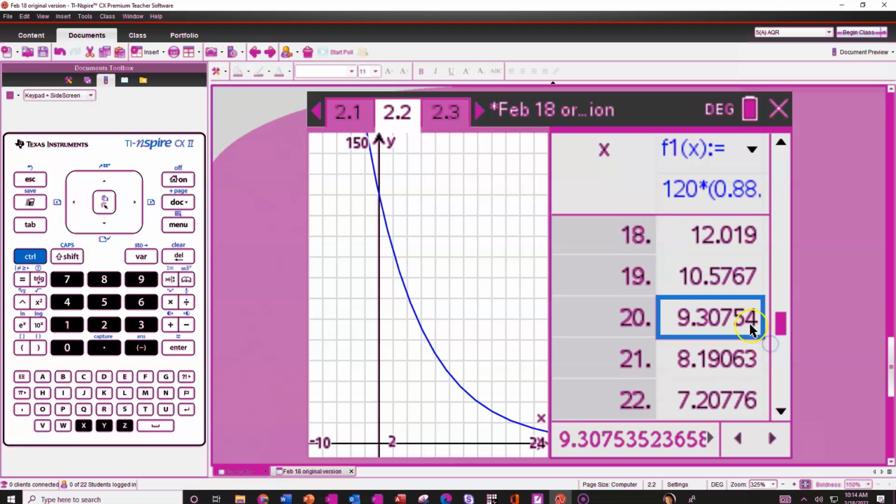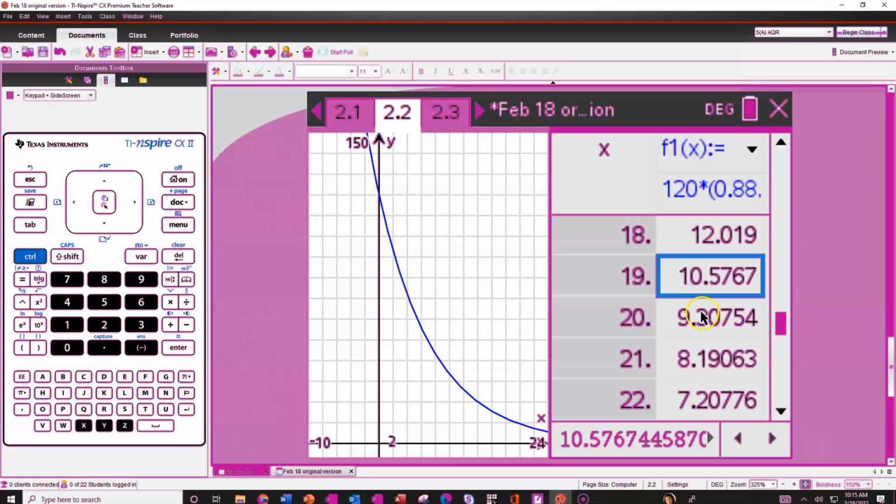We're just above 10 at 18 hours, and at 20 we're below 10. So if we say 19 hours, we'll be okay. Let's say 19 hours is how long it takes for that caffeine to get down to 10 milligrams.